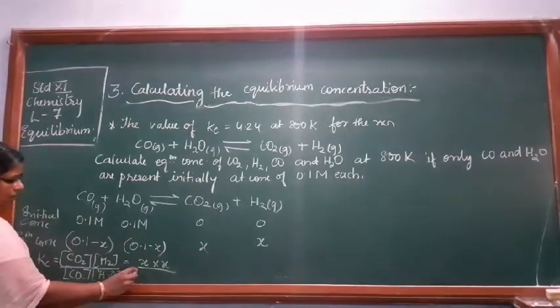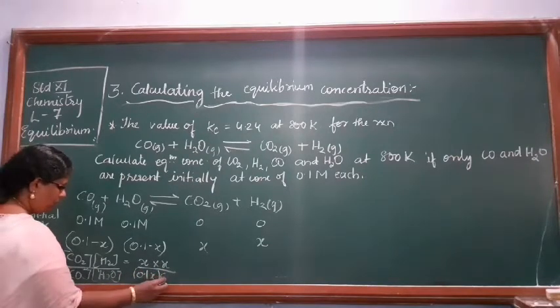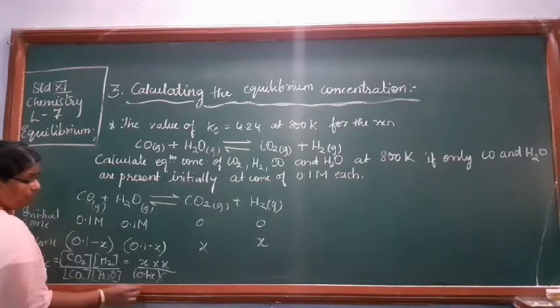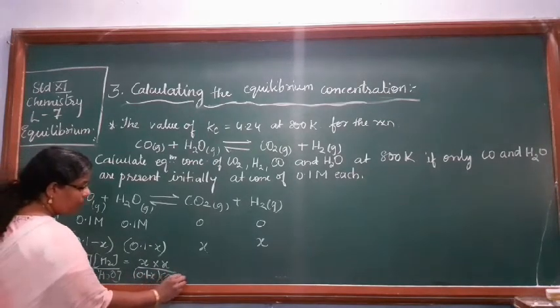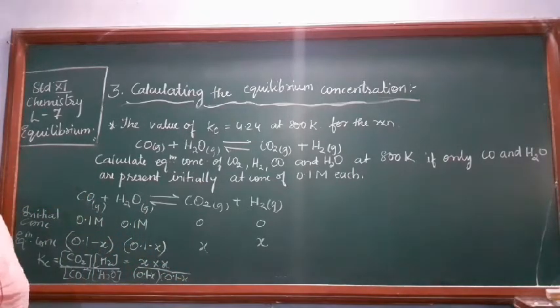And CO will be 0.1 minus x into 0.1 minus x. Kc का value we are having with us. What is the value for Kc? Kc is given as 4.24.